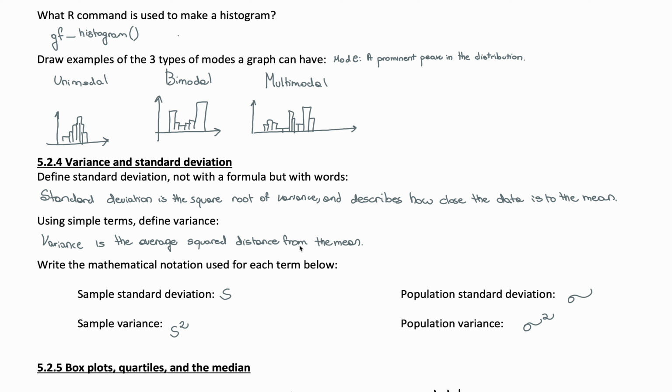That's what you do in the sample, while in the population you actually divide by the number of observations. And then before you take the square root, that would be variance. And then standard deviation is the square root of variance, and it describes how close the data is to the mean.